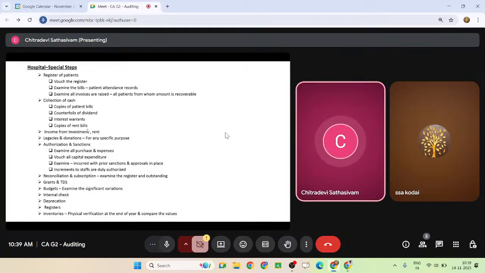You will check what the purchases are. Purchases for what? You need to see whether the purchases have been done from the approved vendors. See the thing, for all the approved vendors, and also the sales have taken place at the proper sales rates.